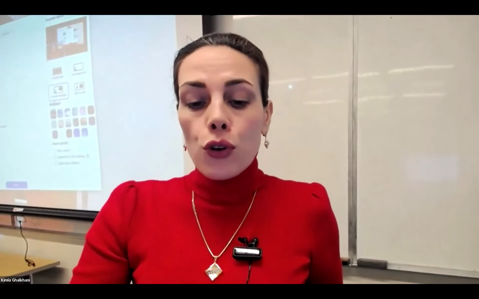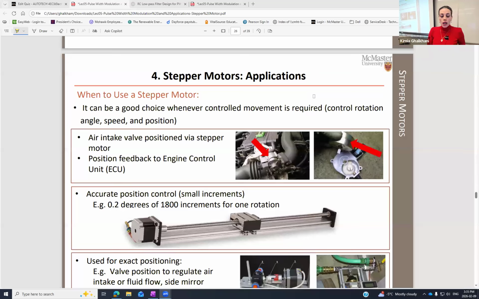In fact, I would say a stepper motor is a type of brushless DC motor. Therefore, the only difference in here is going to be when we are planning to create incremental motion, we have to just use a stepper motor.